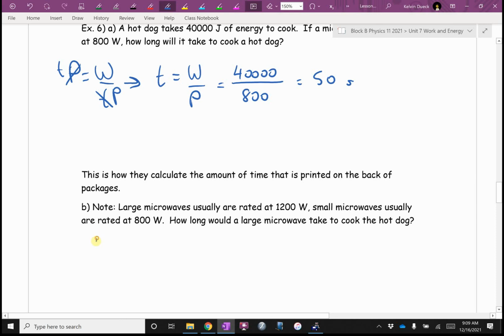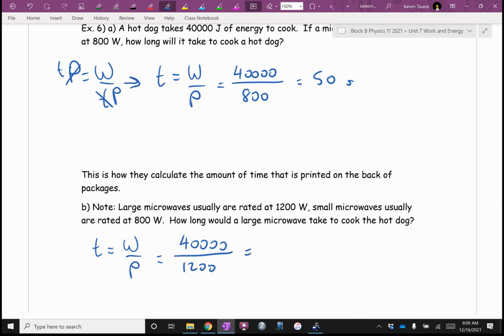Well, I guess time is work over power. It's still 40,000 joules of work divided by 1,200. That's messy, Mr. Dewick. How long in a large microwave? 33.3.